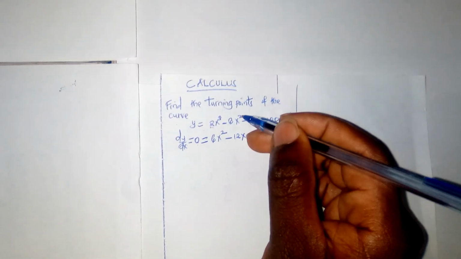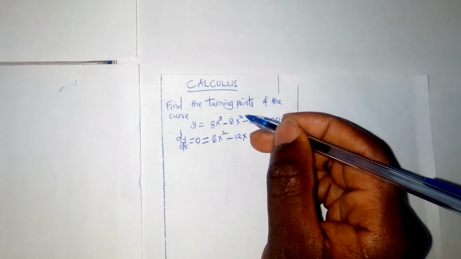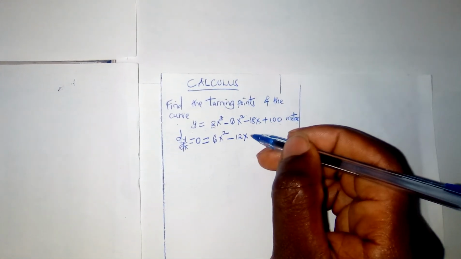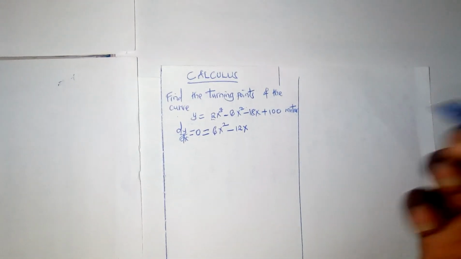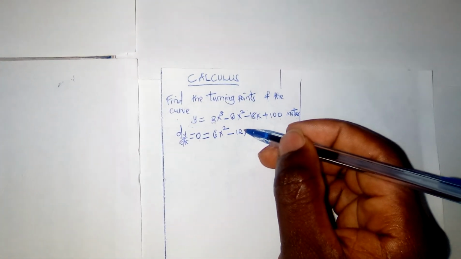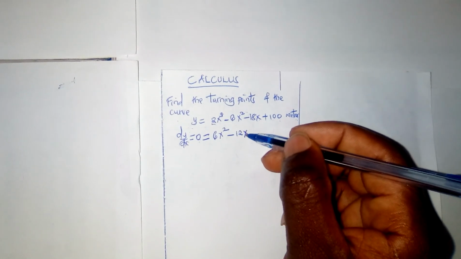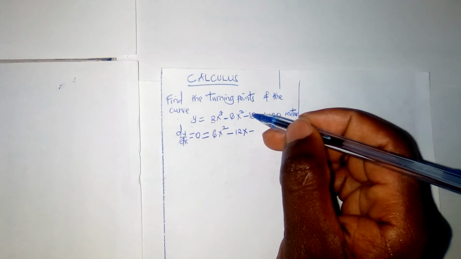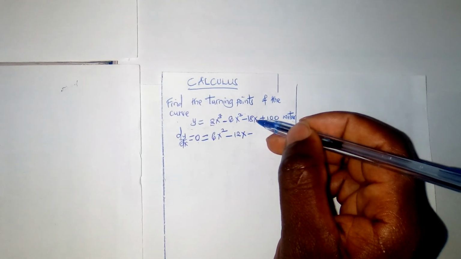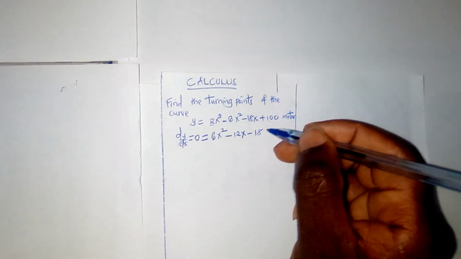Then for x, you subtract 1 from the power, so 2 minus 1 is 1, and x raised to 1 is just x. Then minus 18x, when you differentiate, it will be 18.